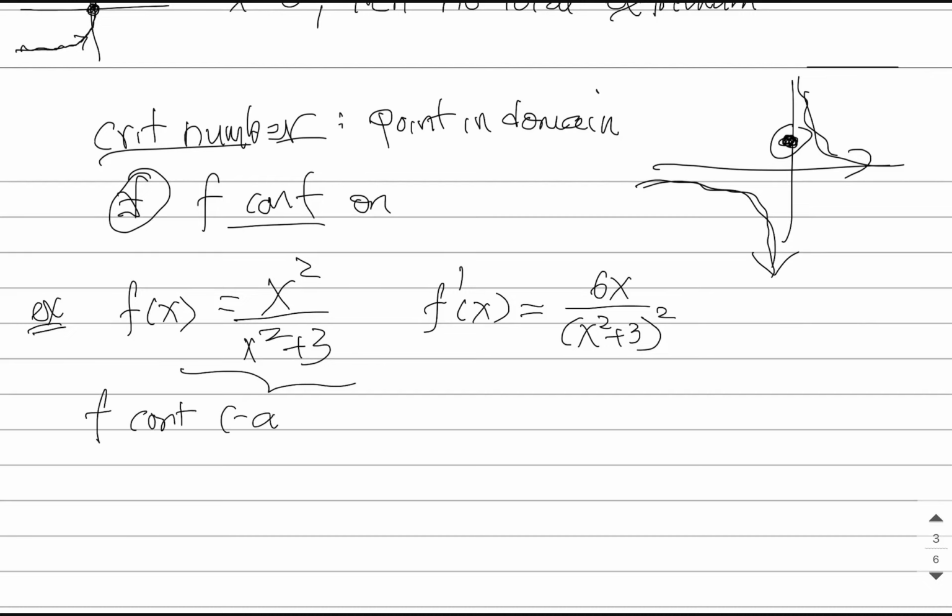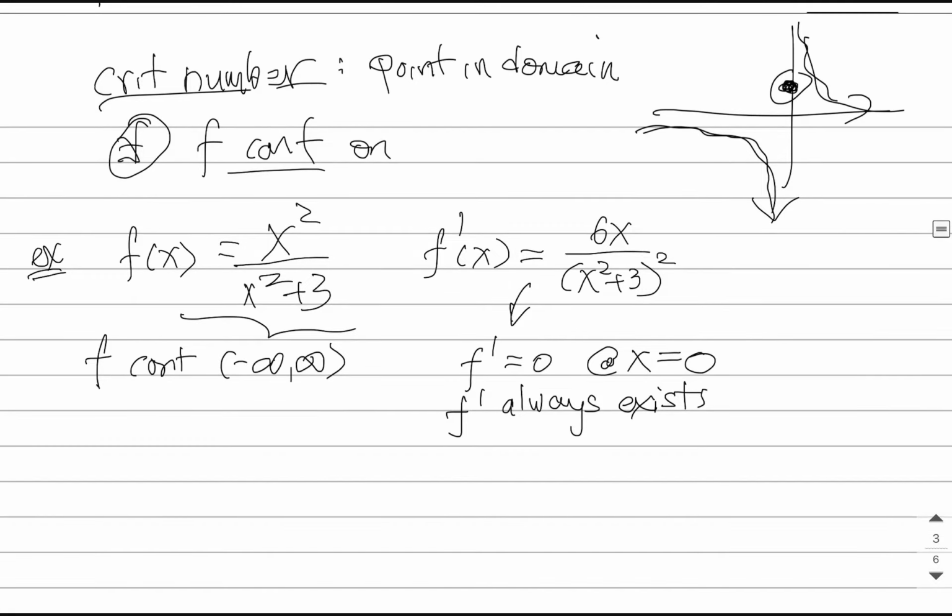It's continuous everywhere because the denominator of this function can never be 0. We've factored the function f prime here. We could say very easily that f prime equals 0 at x equals 0, and f prime always exists. There are no points in the domain of this function where f prime does not exist. The denominator can never be 0 here. So this is the only critical point.